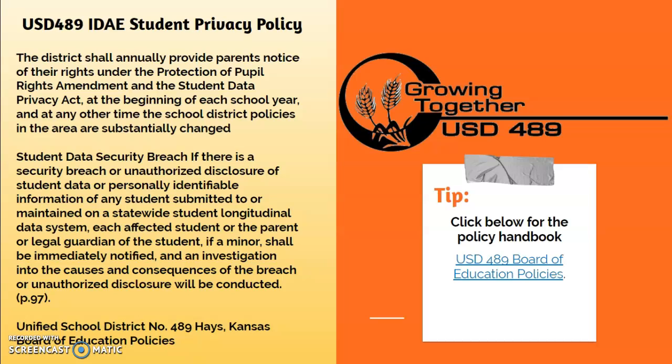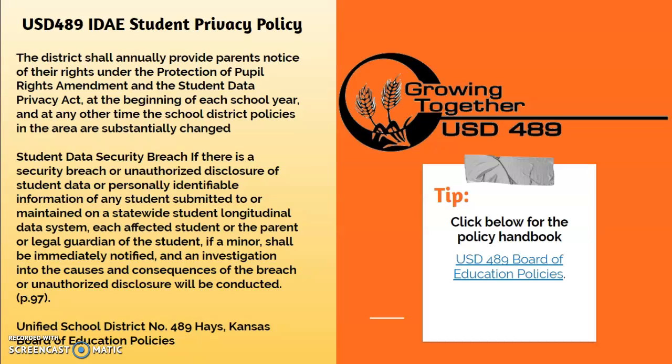So the USD 489 student privacy policy. So this is what needs to be considered at a school and a district level. The district shall annually provide parents notice of their rights under the Protection of Pupil Rights Amendment and the Student Data Privacy Act at the beginning of each year, and at any other time the school district policies in the area are substantially changed.